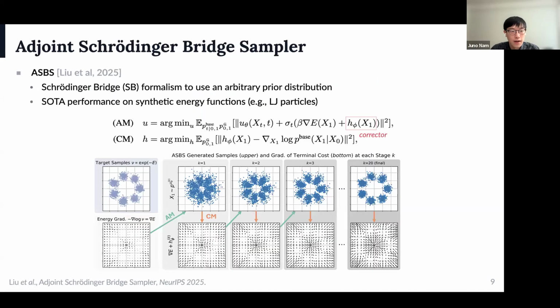After this, the adjoint sampling method has been extended to the non-memoryless condition by the method named adjoint Schrödinger bridge sampler, which uses the Schrödinger bridge formalism and connects it to the SOC formalism to enable the use of an arbitrary prior distribution instead of the delta one.